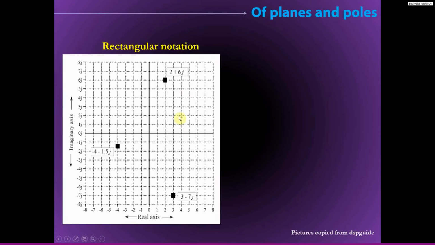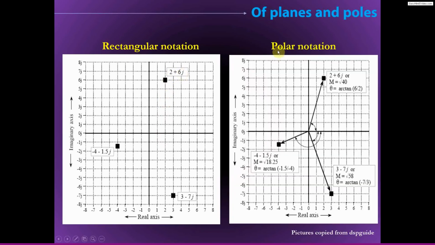You can find it somewhere. This is an engineering book, so they use j, but you know that this is the same thing that I've been calling i. So here's a complex number, and we can represent this on this rectangular plane using this notation. So we have 2 over on the real axis and 6 up on the imaginary axis.